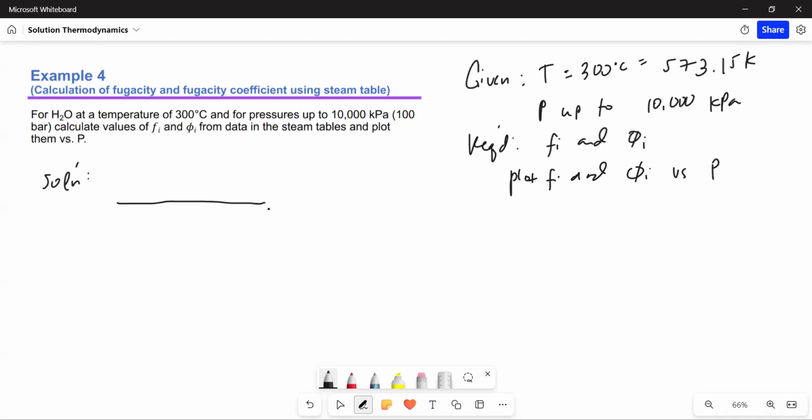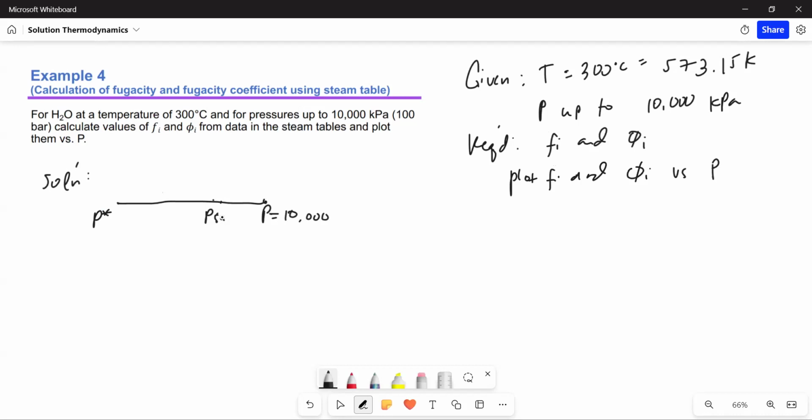So this is the given pressure up to 10,000 kilopascals. We need to calculate values for fugacity and phi at different pressures up to 10,000. So we need to set a reference pressure, and we need to know the P saturation, right? The pressure at the saturation point.